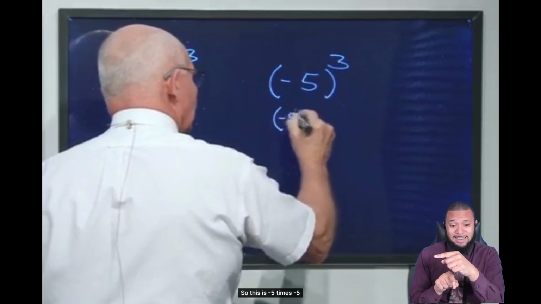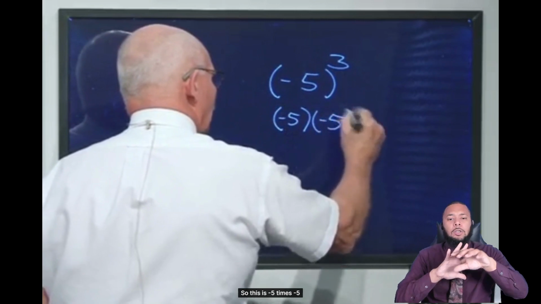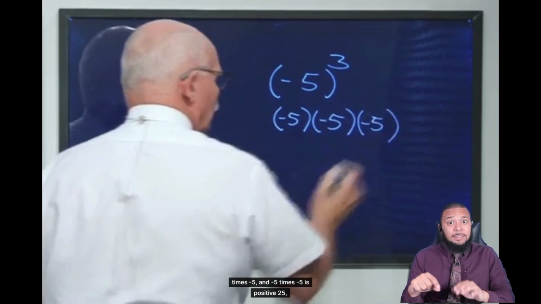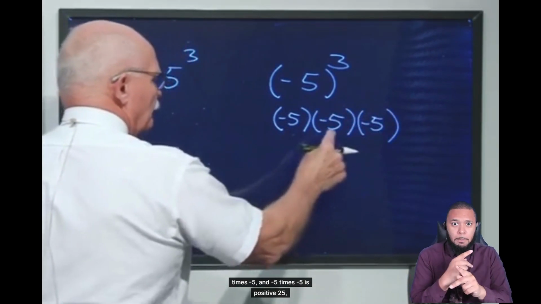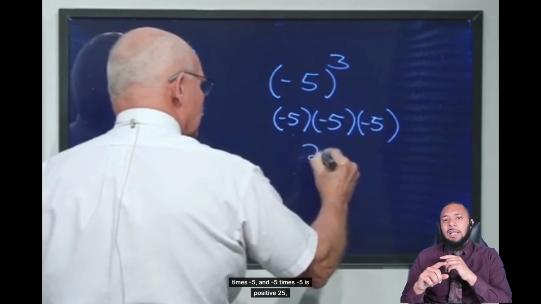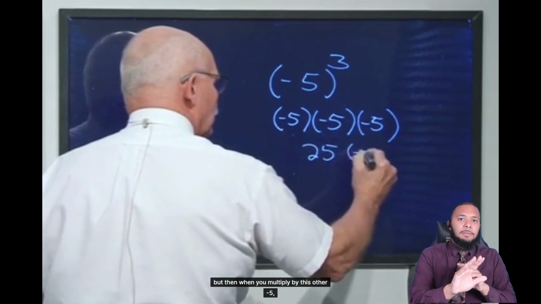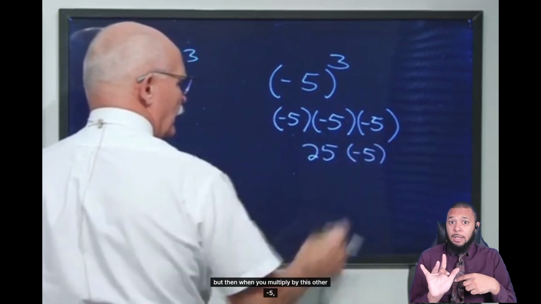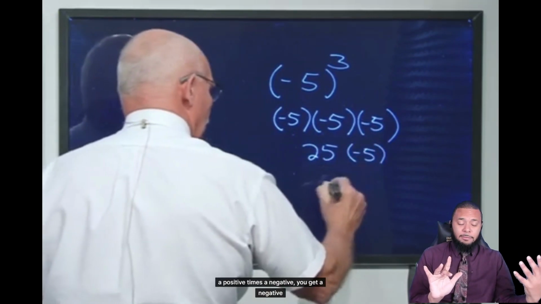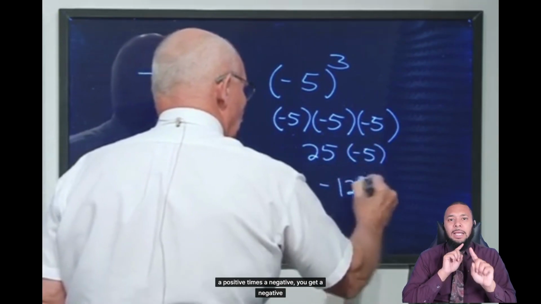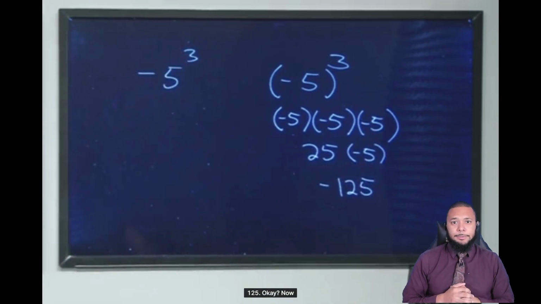So this is negative 5 times negative 5 times negative 5. And negative 5 times negative 5 is positive 25. But then when you multiply by this other negative 5, a positive times a negative, you get a negative 125.